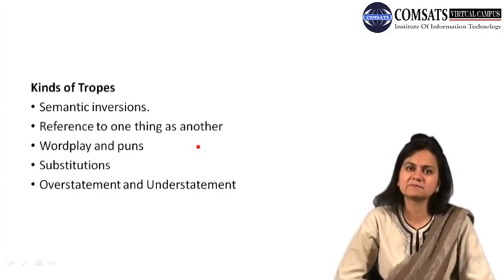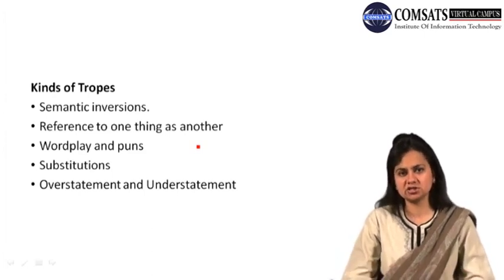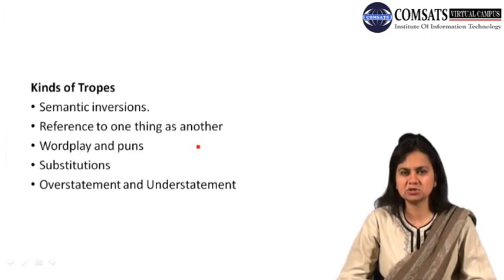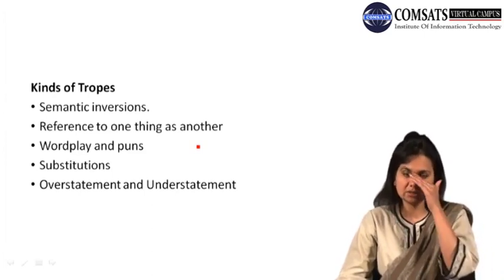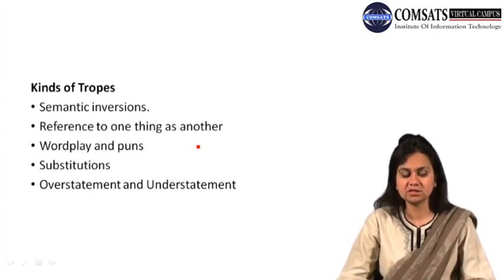Now let us have a look at various kinds of tropes. Kinds of tropes can be divided on the basis of the functions they perform and on the basis of which particular nature or type they belong to. So there can be tropes ranging from semantic inversions to understatement or denial too.